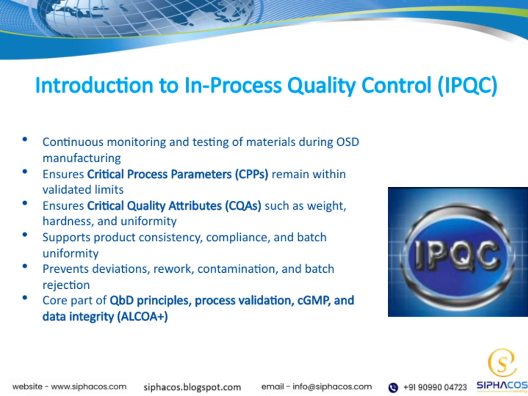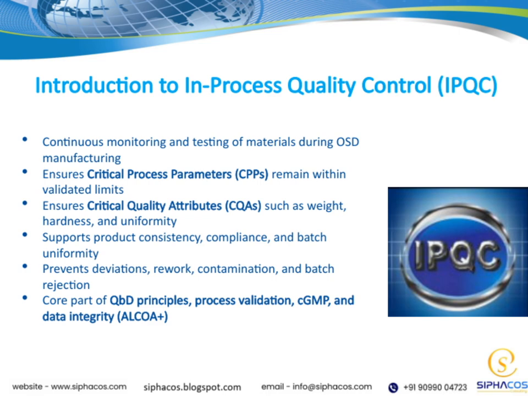By continuously monitoring these factors, we support overall product consistency, ensure compliance with regulatory standards, and maintain batch uniformity. This proactive approach helps us prevent deviations, rework, contamination, and even batch rejection, saving time and resources.